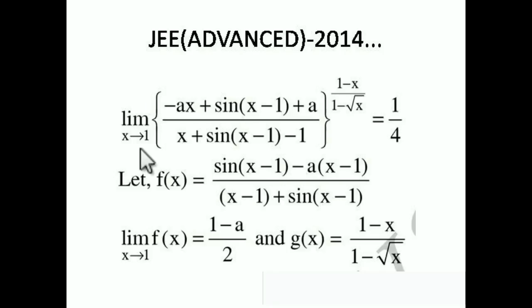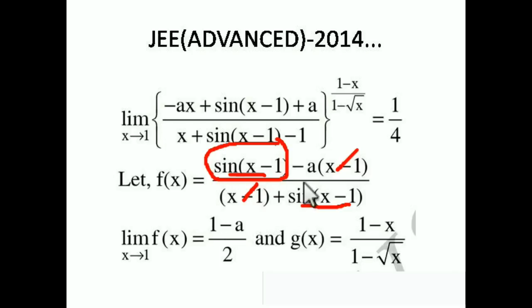Now here, limit x tends to 1. Just divide the whole thing, the numerator and the denominator, by x minus 1. This x minus 1 gets cancelled out, and here also we have 1. Now sine of x minus 1 upon x minus 1, as x tends to 1, becomes 1.